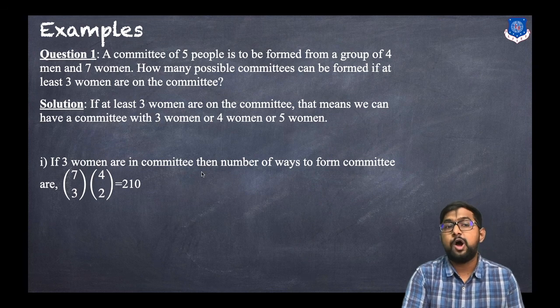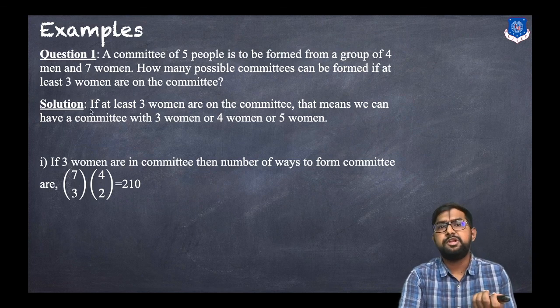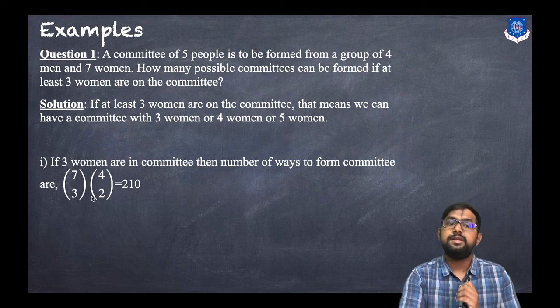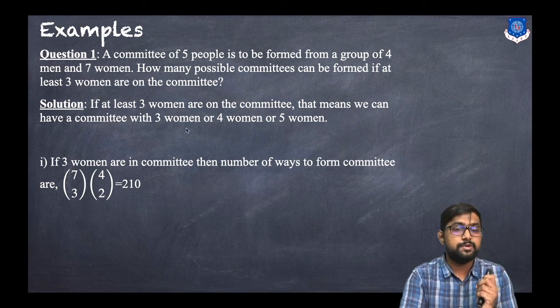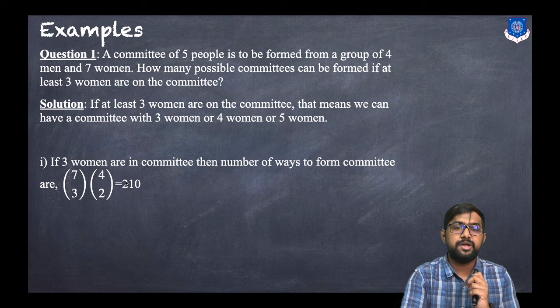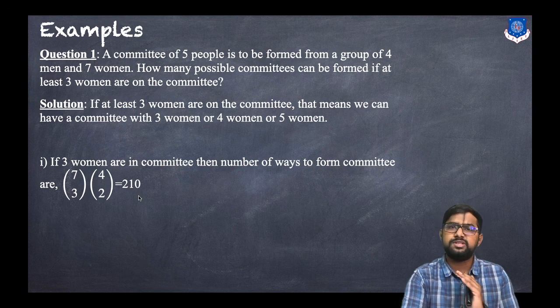We have a total of 7 women, and out of 7 we have to select 3 women, so that is 7C3. Now we want a committee of 5 people, so 2 are remaining, and they are obviously men. There are a total of 4 men, so that is 4C2. So 7C3 into 4C2 is 210. This is the first part.